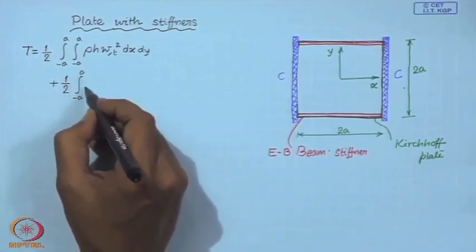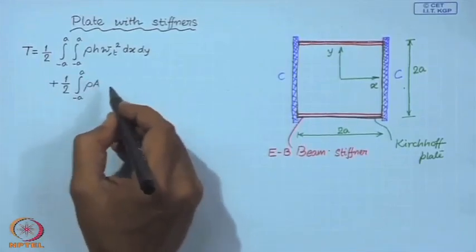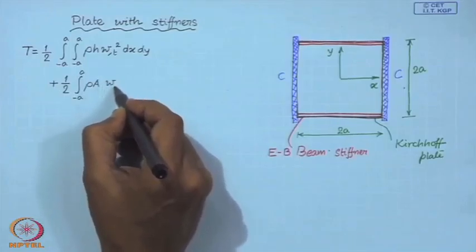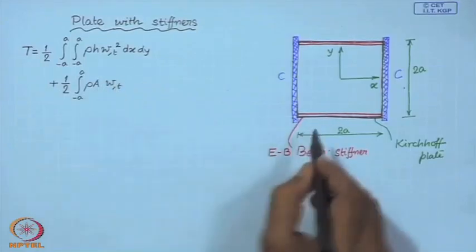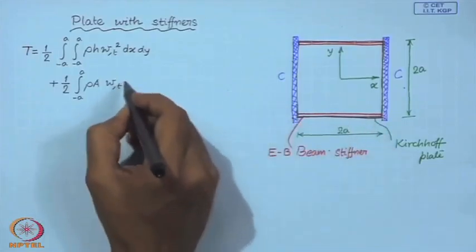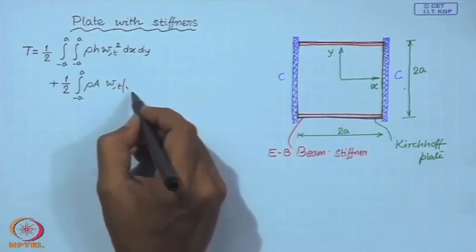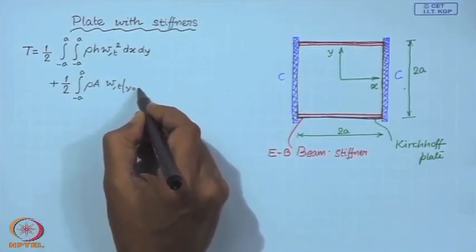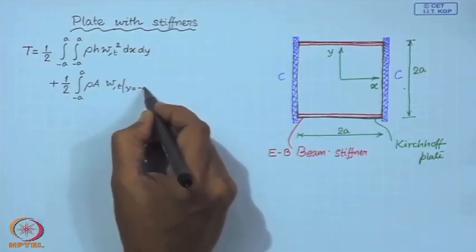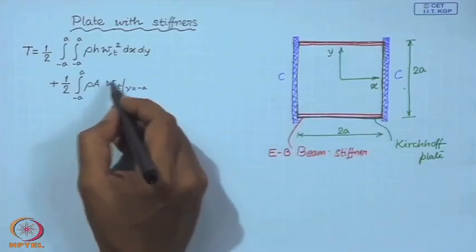So, rho a is the mass per unit length times the length times the velocity. Now, this velocity is the velocity of this point, so this has to be calculated at, for this beam, y equal to minus a.